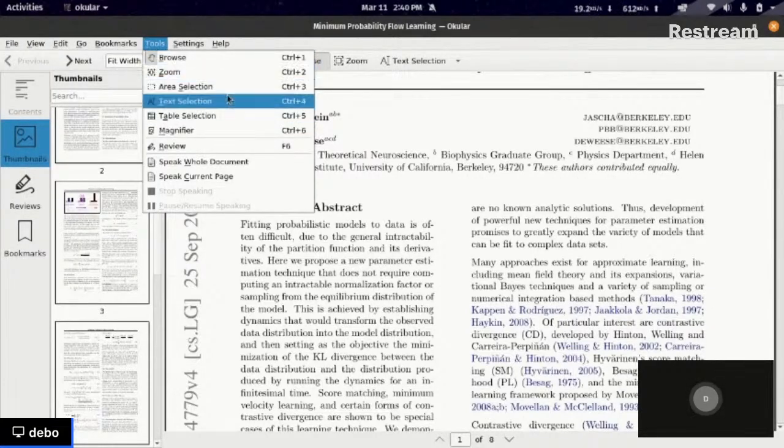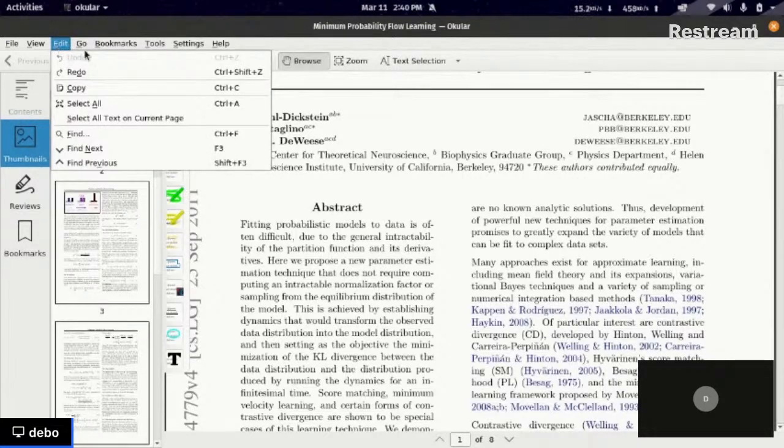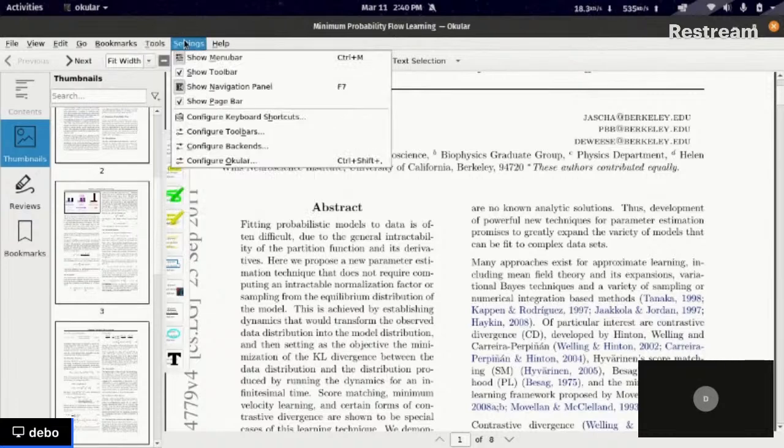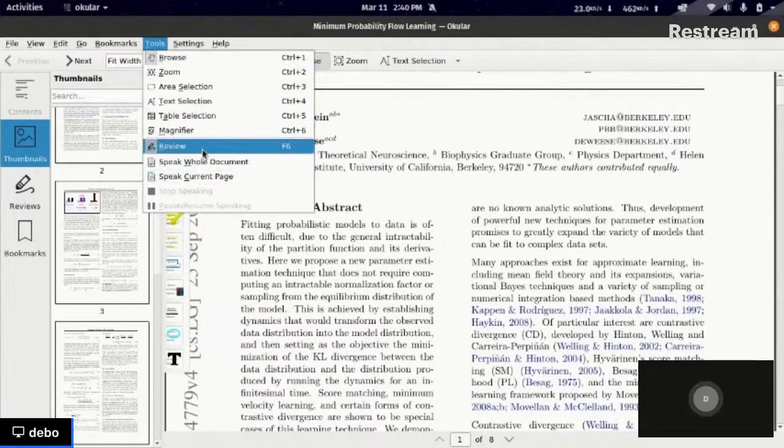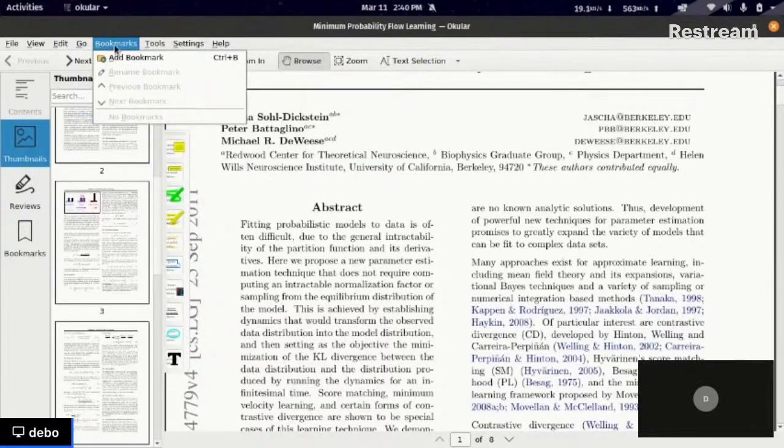From here you can highlight the things. I'm not finding that one. Where is the highlighter? I need that.